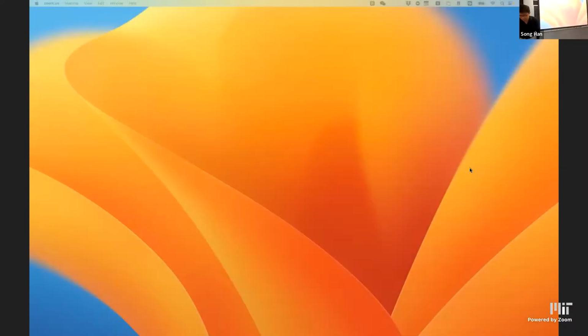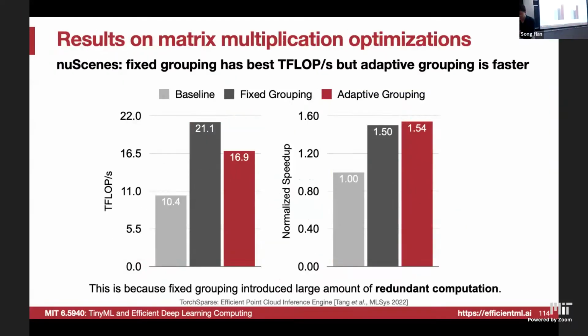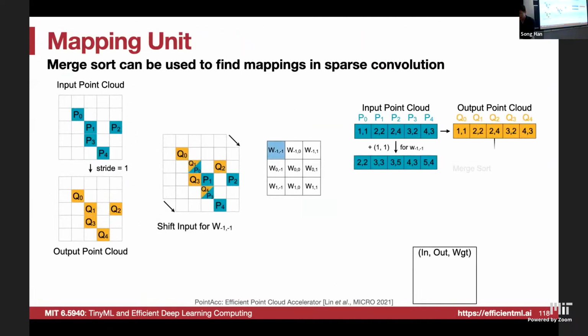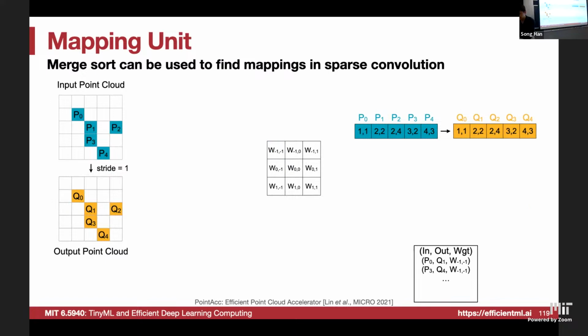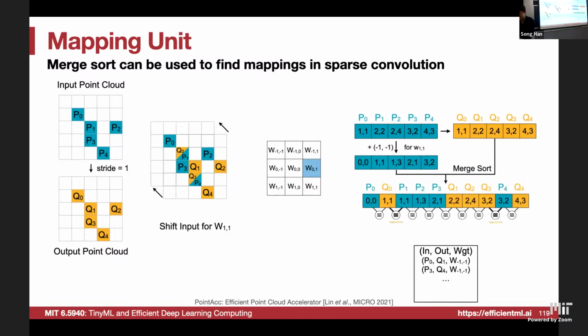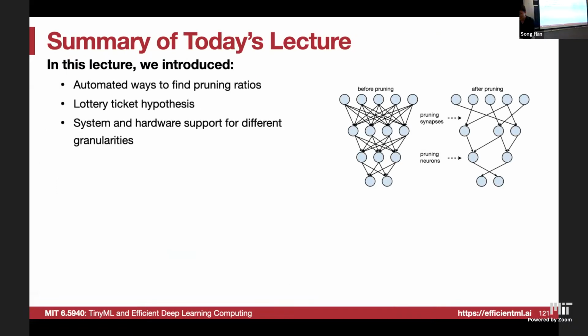All right. With that, since we're pretty much out of time, let me do a quick summary of today's lecture. A lot of animations for hardware design. You can cover them in a future lecture.